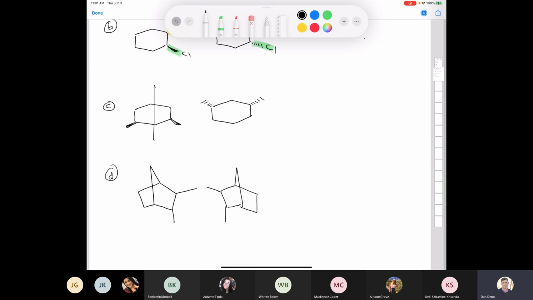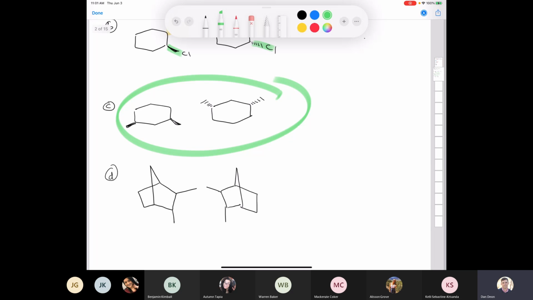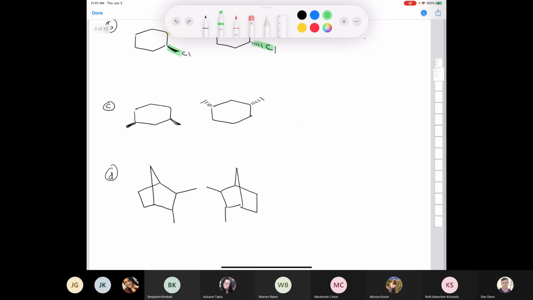Yes, this is a meso compound here. This is a meso compound here. But what's the relationship between those two compounds? Are they diastereomers? Are they enantiomers? So yeah, they're not enantiomers. These two are in fact identical.